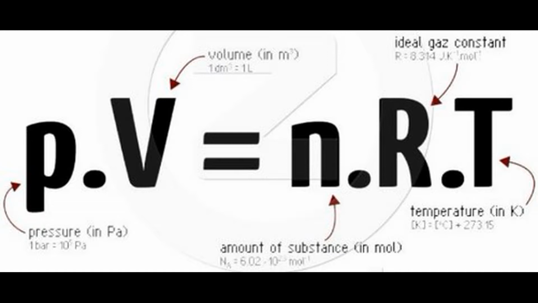R is equal to 0.08205 liters times atmospheres divided by moles times Kelvin. T is the temperature in Kelvin.